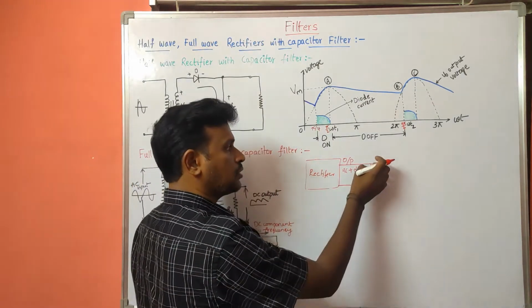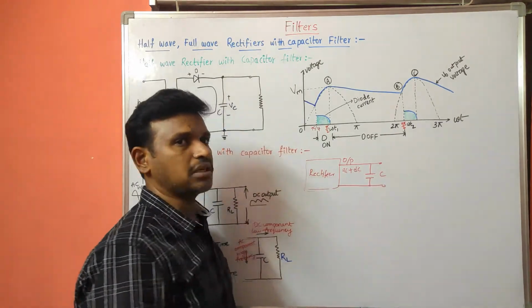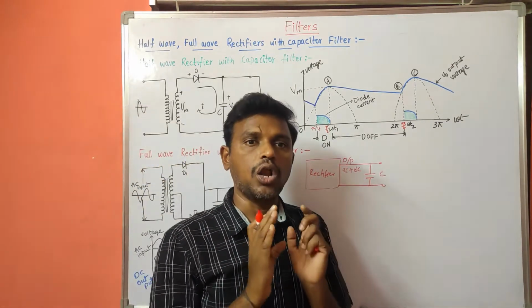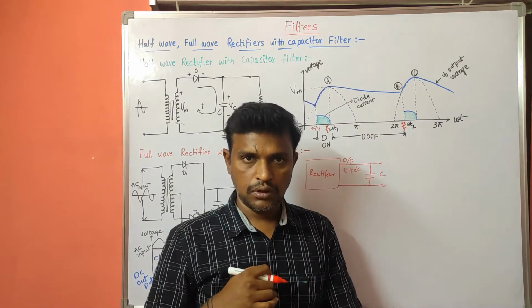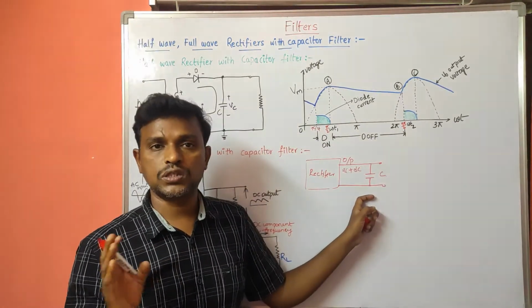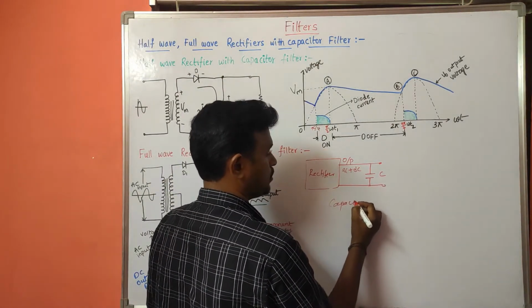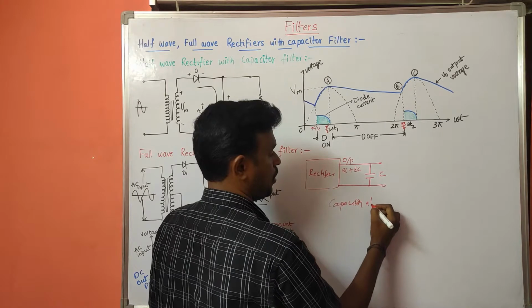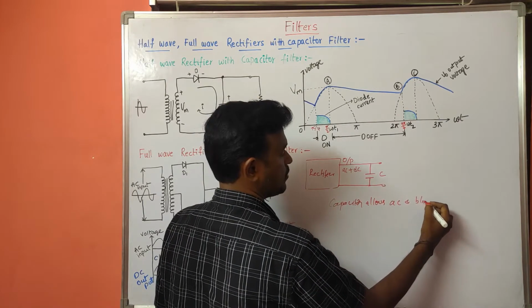So why have we connected it in shunt? The capacitor has the property that it allows the AC current and it blocks the DC. The capacitor allows AC and blocks the DC.